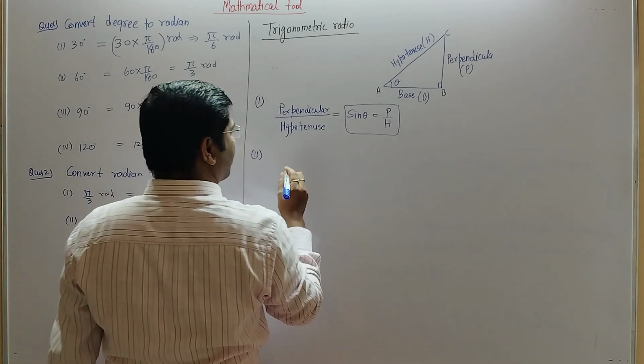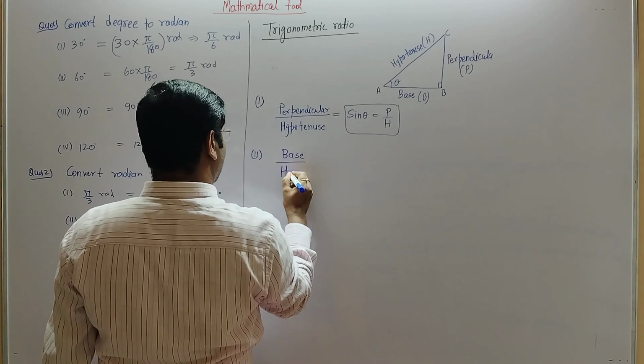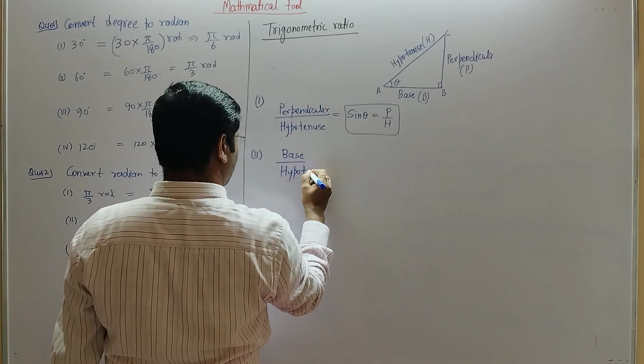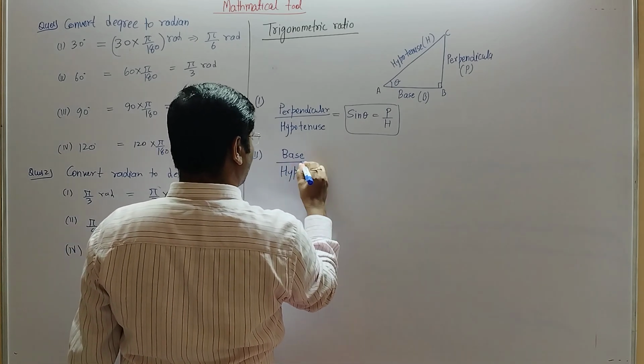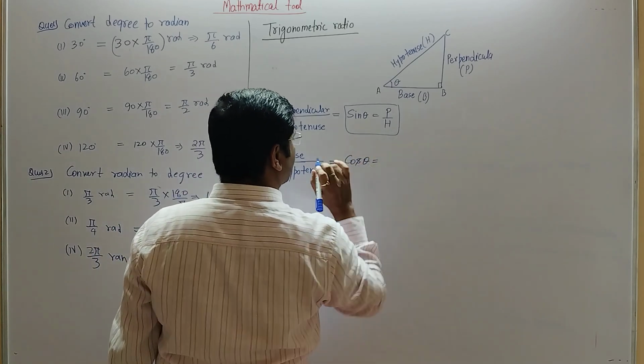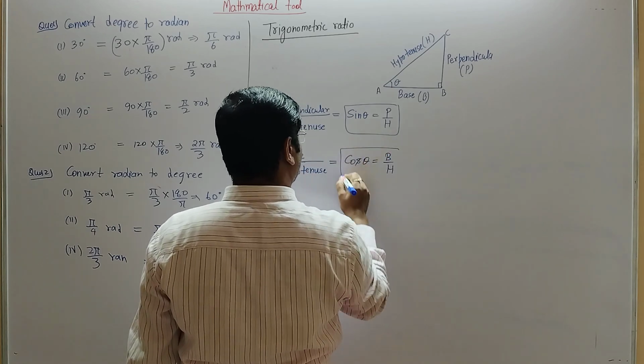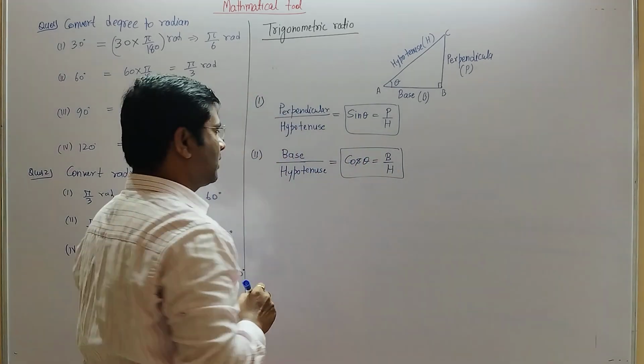Similarly, if I am taking base upon hypotenuse, then this value is named cos theta. So cos theta is base upon hypotenuse. You have to remember this formula.